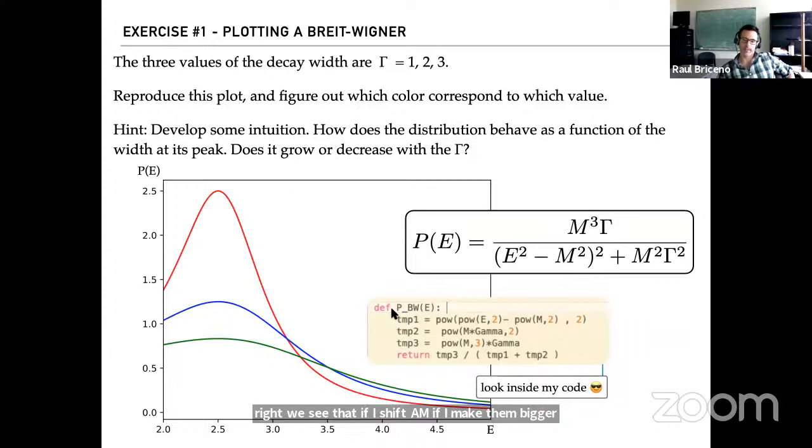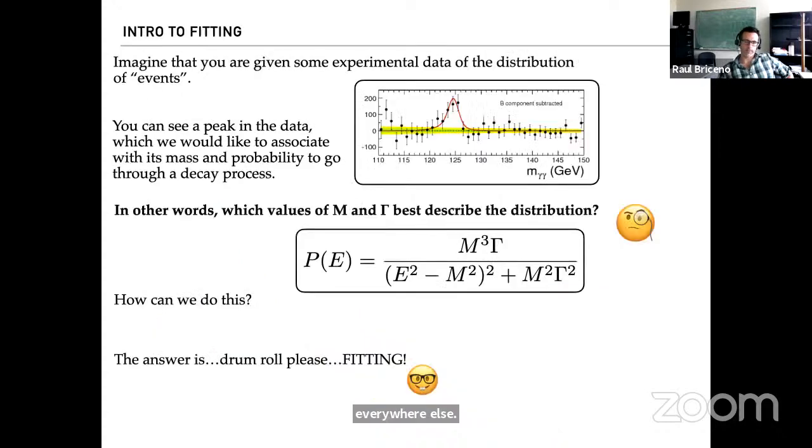The next question is what's going to happen to the distribution if I make gamma smaller or bigger? If I make gamma smaller, the distribution is going to get more narrow and taller around the peak, and it's going to be smaller everywhere else. So this is a fun distribution to play with.